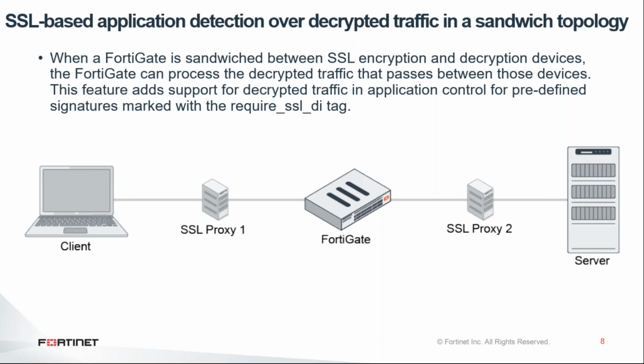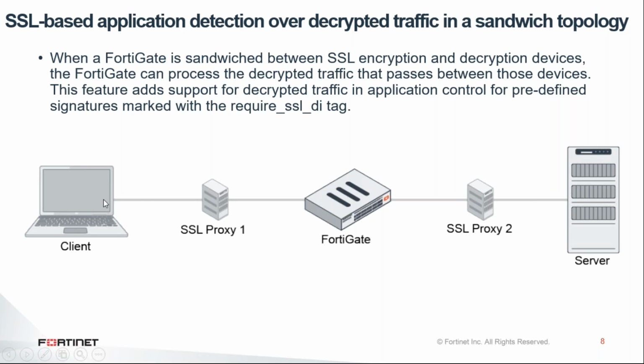Now you can have scenarios where in front and at the back of your FortiGate you have systems that do the decryption for you. So you will not decrypt the SSL session on the FortiGate; you will do it in front and behind your FortiGate on other boxes.